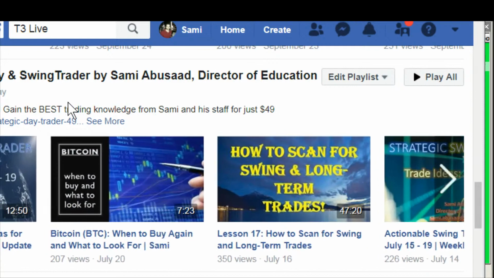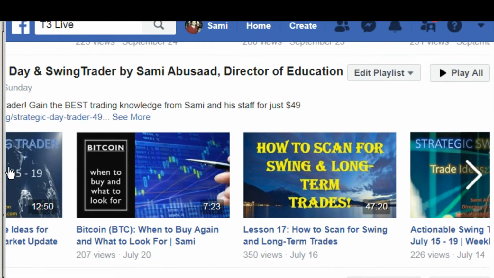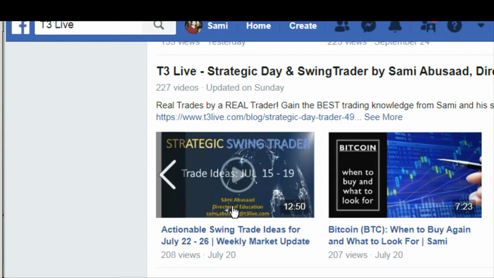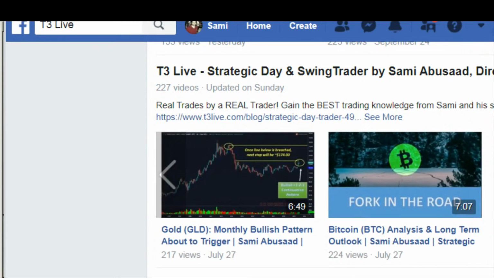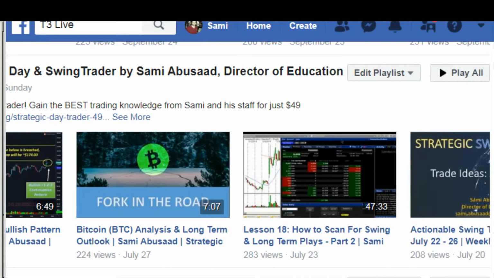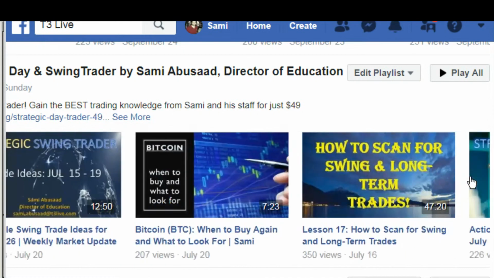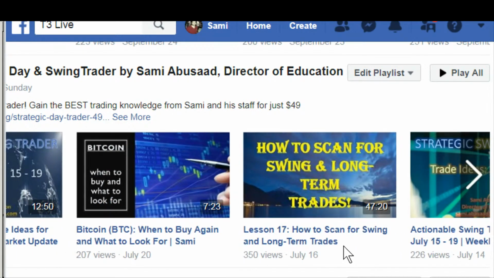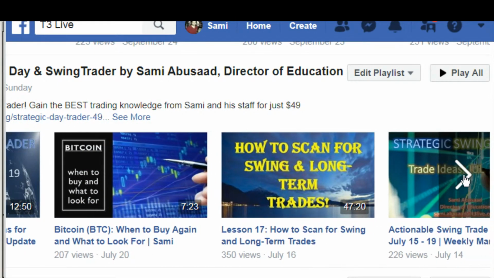Oh, here we go. So how to scan for swings was covered in this video right here on July 23rd. How to scan for swing and long-term plays. Oh, that's part 2. So there were 2 parts. Okay, so you might want to revisit. And then that's the first one, how to scan for swing and long term.